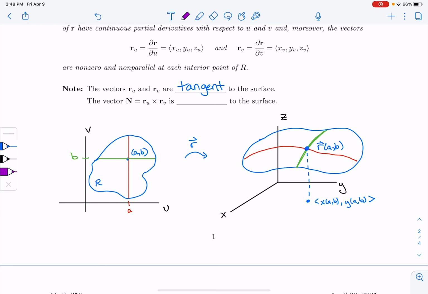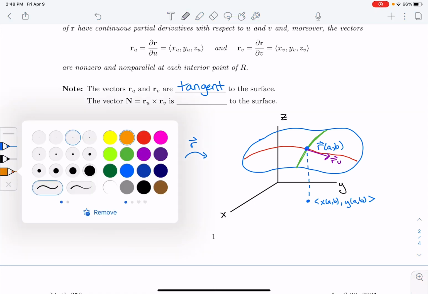And so I have a tangent vector to the surface here. We'll call that tangent vector r sub u. And then I'll have another tangent vector.